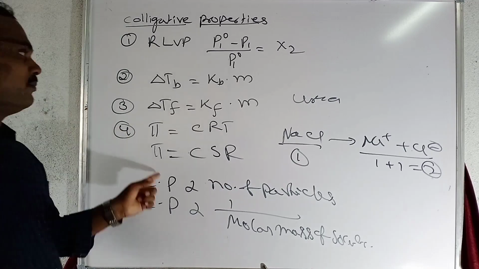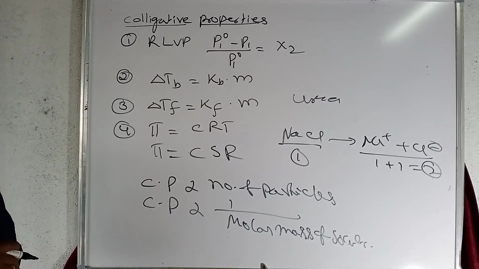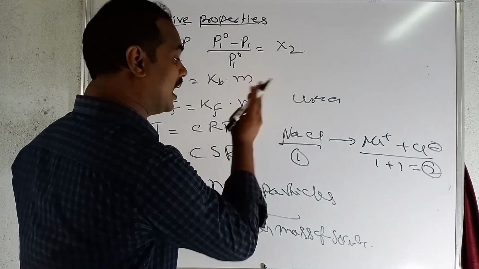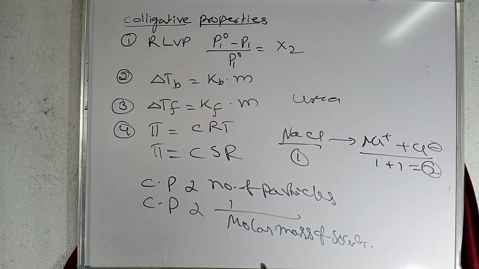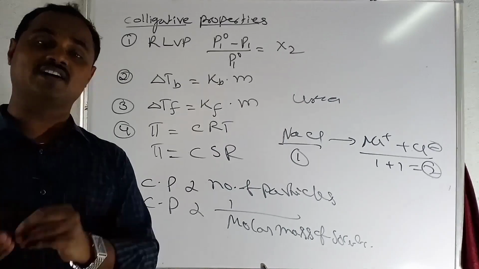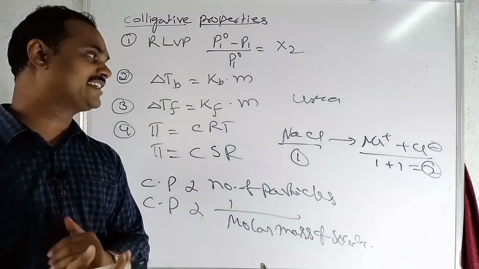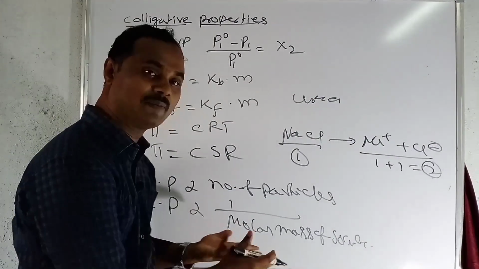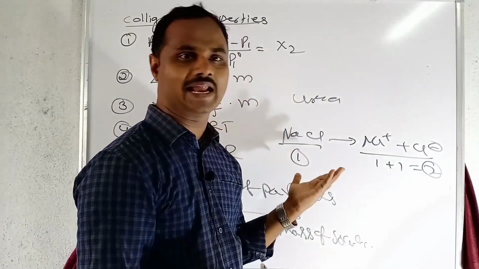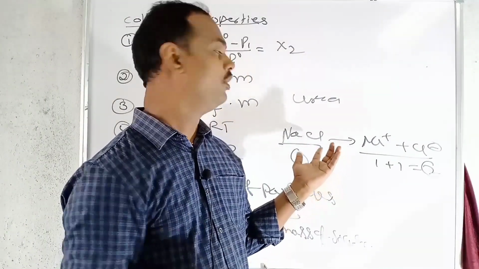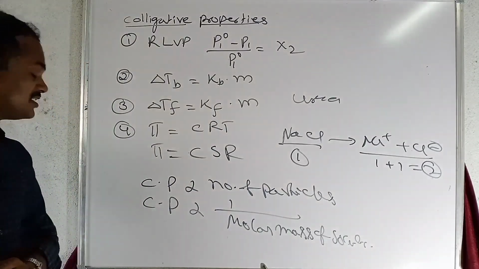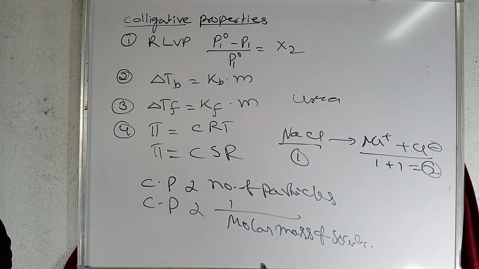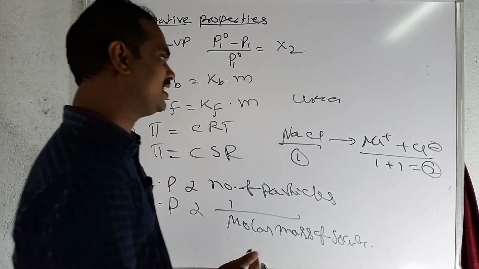Is it clear? So remember, these formulas can be used for non-volatile, non-electrolyte solutes which do not undergo association or dissociation when dissolved in water. For such solutes, these formulas are applicable. But NaCl is an electrolyte, not a non-electrolyte, and its particle number changes. For this type of electrolyte, these formulas are not applicable, because the number of particles changes.